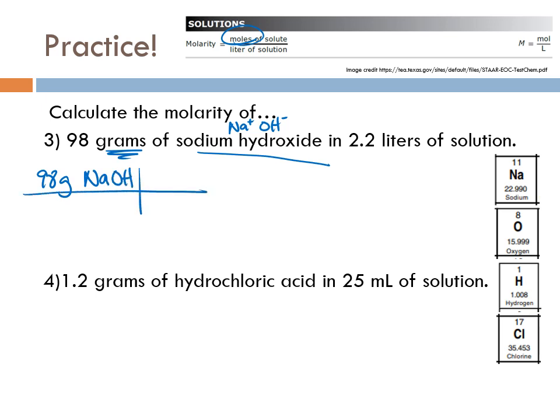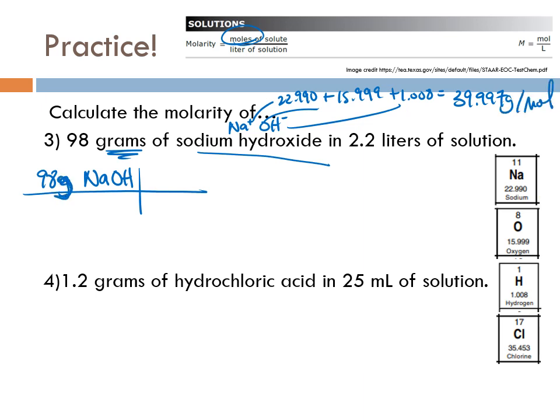Turn those grams into moles using the molar mass. So sodium is 22.990 plus 1 oxygen, 15.999, plus 1 hydrogen, 1.008, gives us a grand total of 39.997 grams per mole. I have grams here on the top. I want grams to go away.